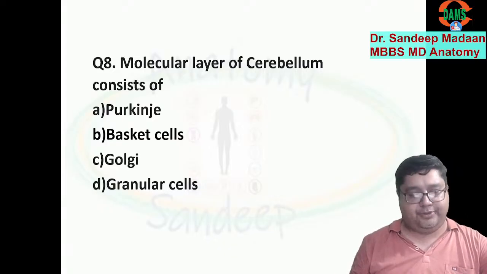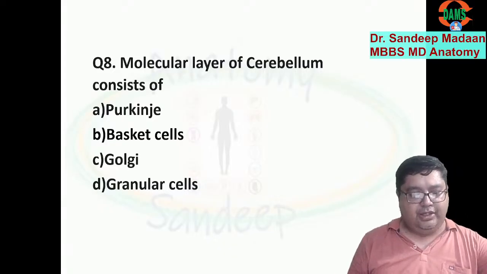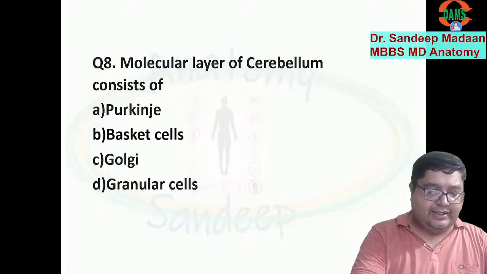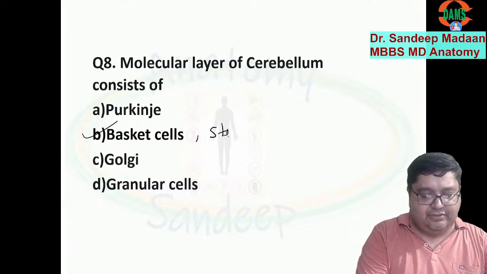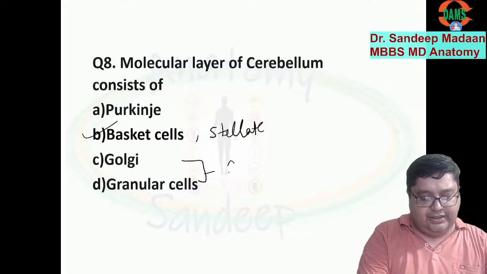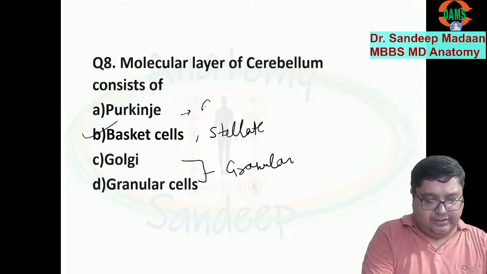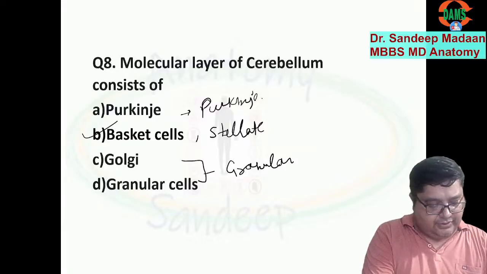Everything is important here. Talking about the molecular layer, we have two cells, basket cell and stellate cell. Among the given options, answer will be basket cell because basket and stellate cells are seen in the molecular layer. These two cells are seen in the granular layer. And the Purkinje cells are seen in the Purkinje layer itself. The name itself is Purkinje.